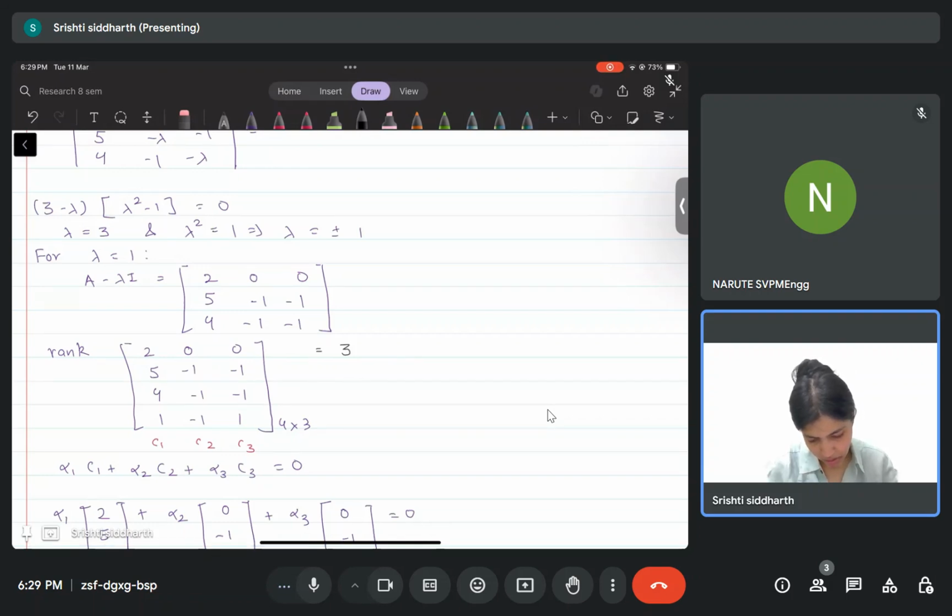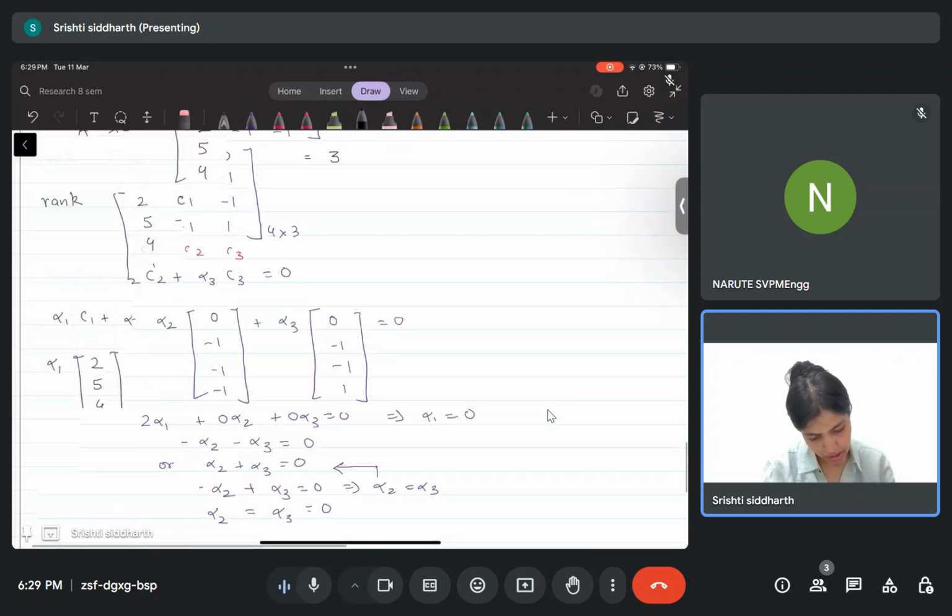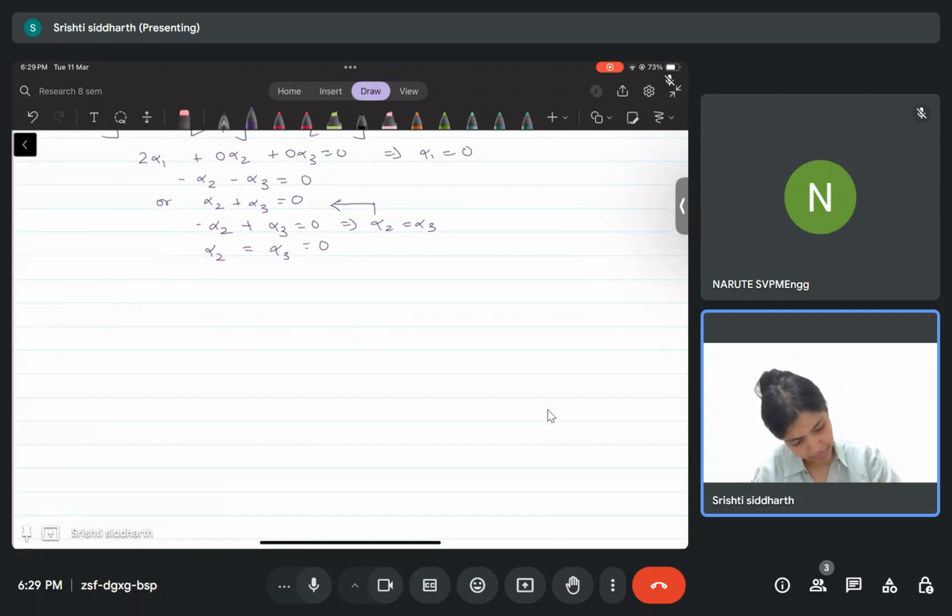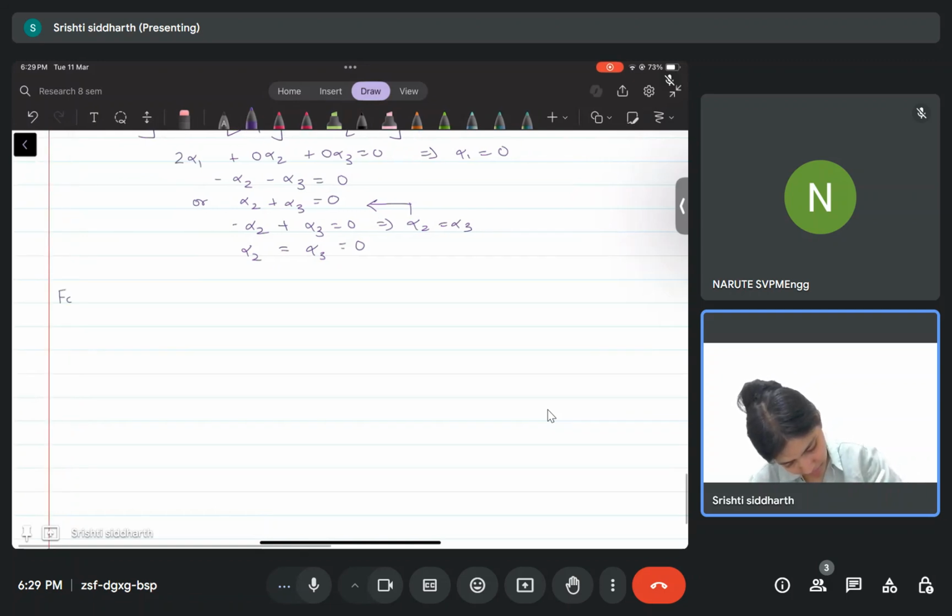So we have the other eigenvalue here, lambda equals 3.